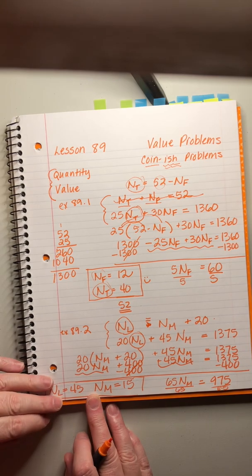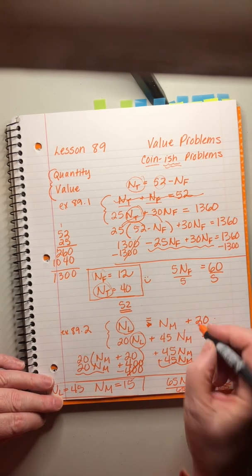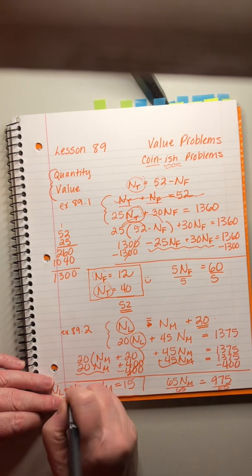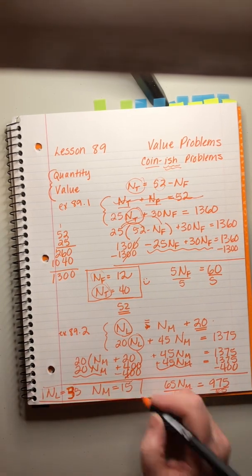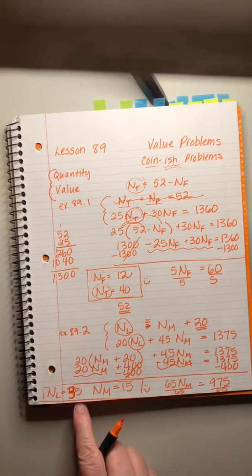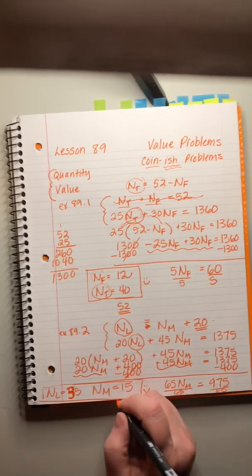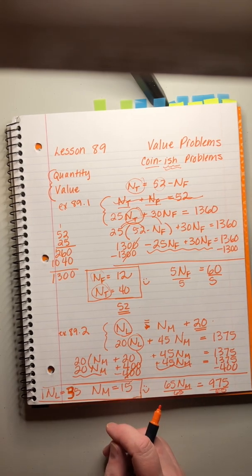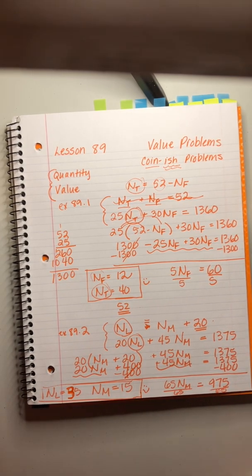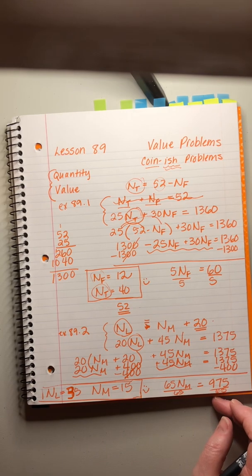Oh, I added 20 wrong. See how easy it is to make a knuckle-headed mistake? This should be 35. It really does always help to show your work, because if I would have turned this in, I would not have been able to give myself points for 45 because it was a ridiculous answer and I didn't show my work anywhere. But let that be a lesson to you, my students.